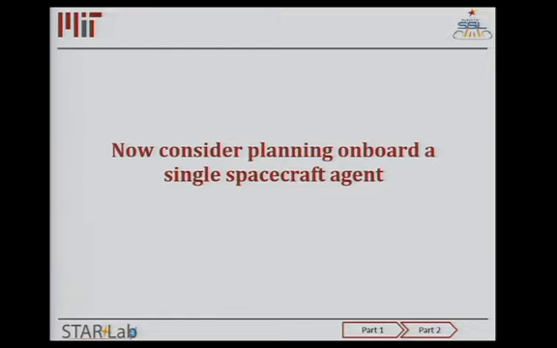So now considering planning on board, given an initial plan of when you want these 2 agents to do a coordinated activity, how do you actually plan all of the activities that a single spacecraft or single agent needs to do in order to meet its onboard resource constraints? That's the part that I've started with now.